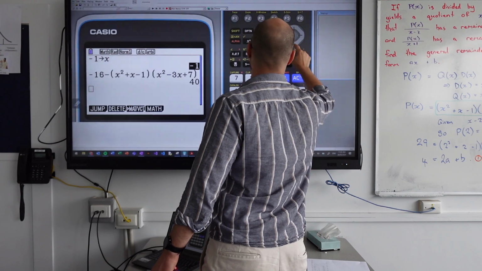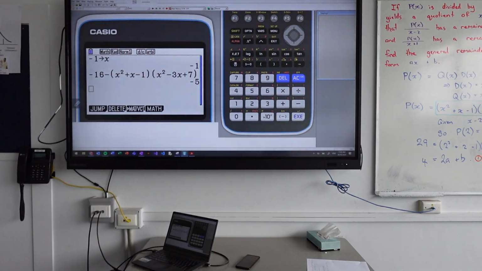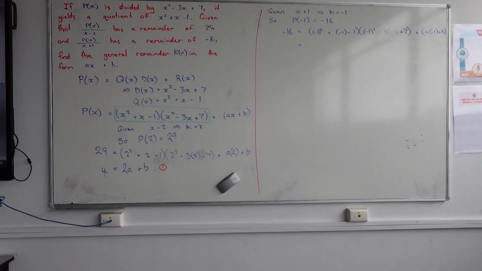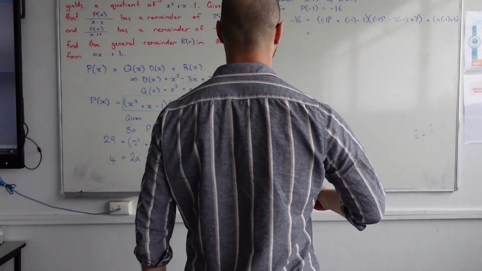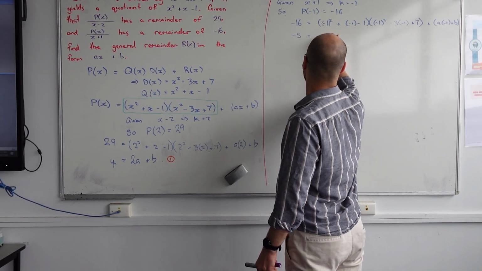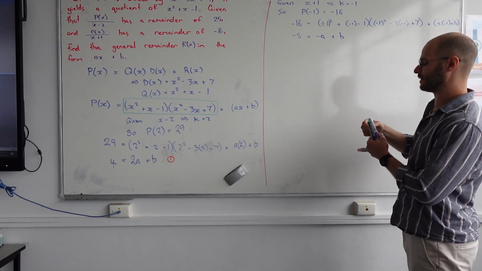Back to the top. When x equals minus 1, we get an output of minus 5. So, building my second equation, I get minus 5 equals minus a plus b. And here's my second equation.